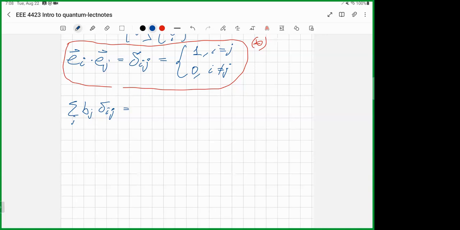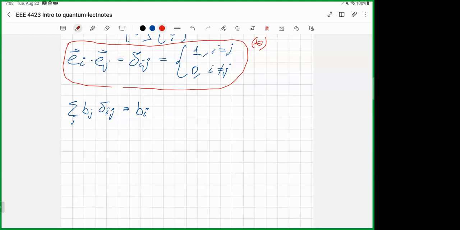That means that when i equals j, this expression will be equal to b_i, and in other cases it will be equal to 0. So all this sum simplifies to b_i, right? It's very simple to see. We take the product of the two and take the sum, and all the terms in this summation equal 0 except for the only one, b_i.